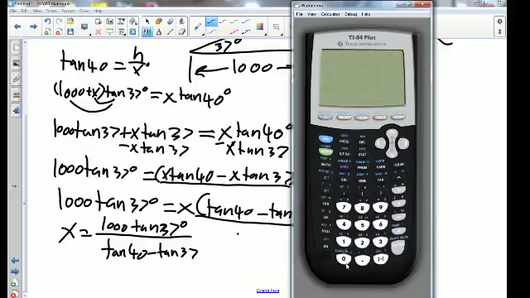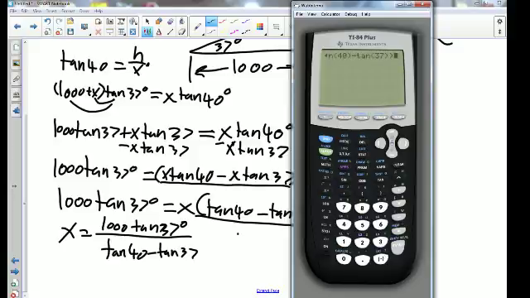So it's 1,000 tan 37 divided by tan 40 minus tan 37. Tangent 40 minus tangent of 37.